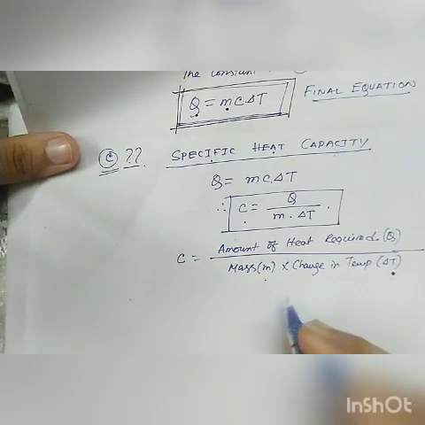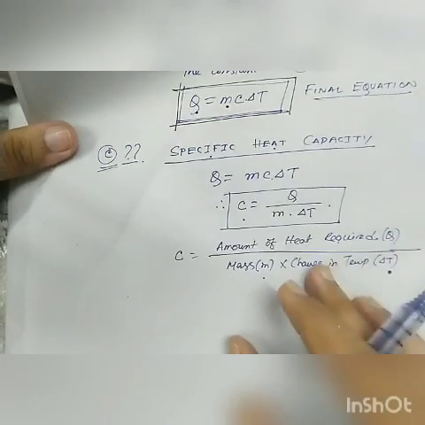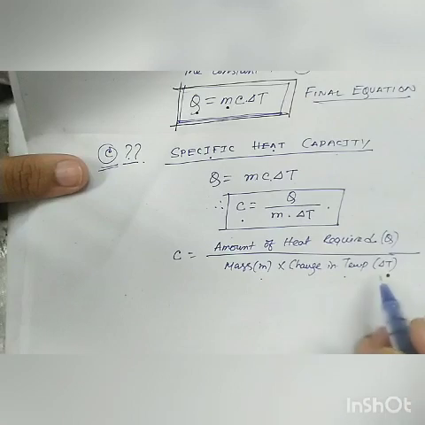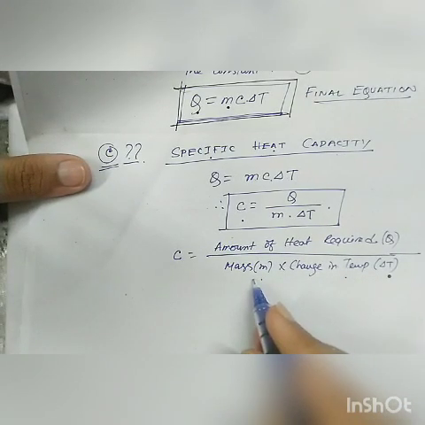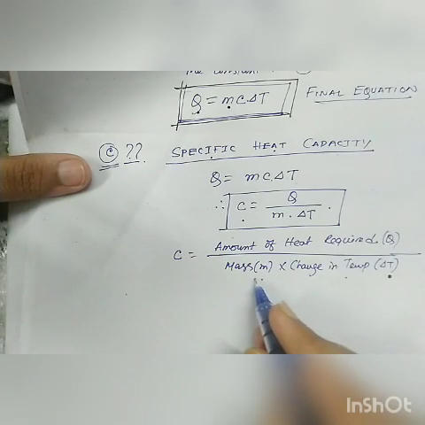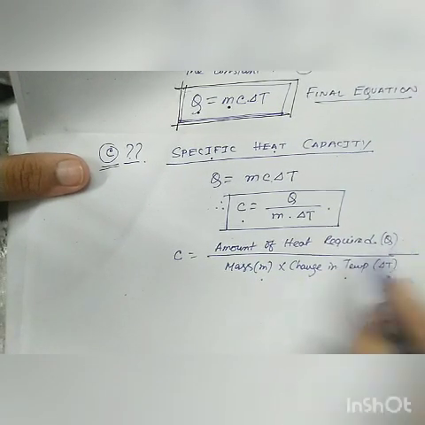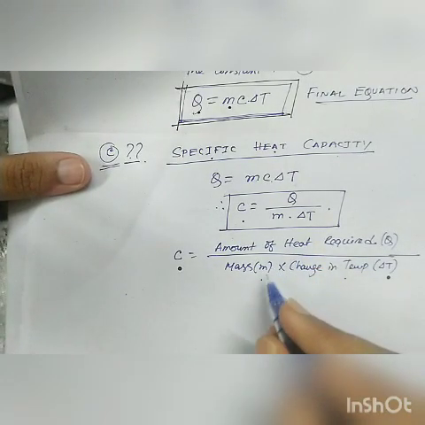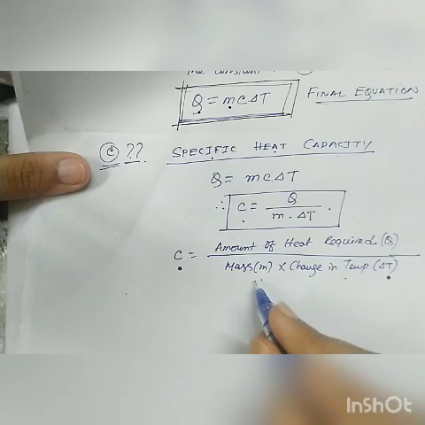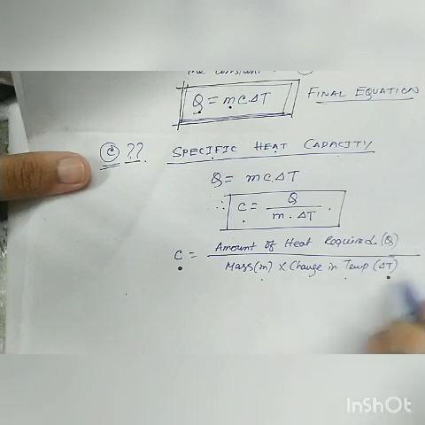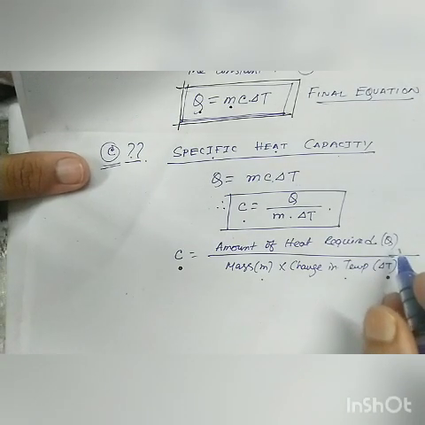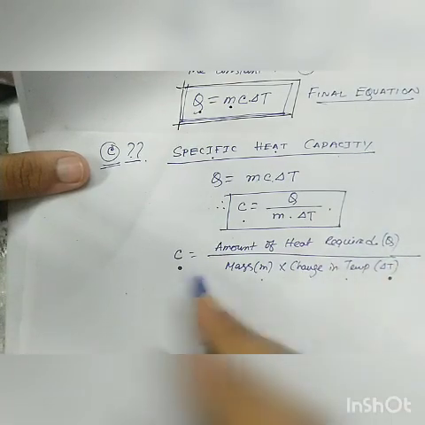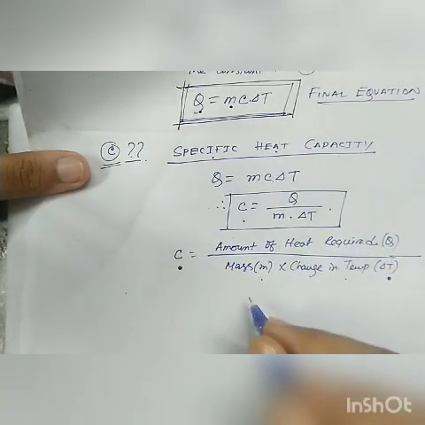That means if I want to increase the temperature of a mass of 1 gram or unit mass by 1 degree, the amount of heat required is C. Example, if I want to increase the temperature of a 1 kg object by 1 degree centigrade, and I need 15 joule of heat, then the specific heat of that substance is 15.